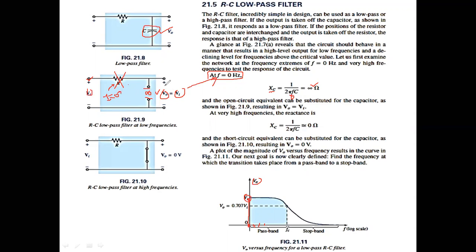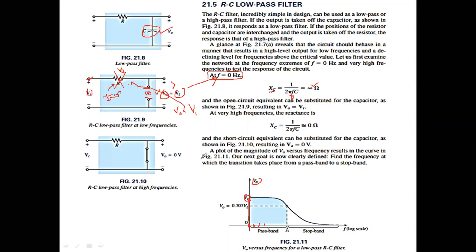So the output V naught over here will be less than Vi, because some of the drop will appear over here as Vr.